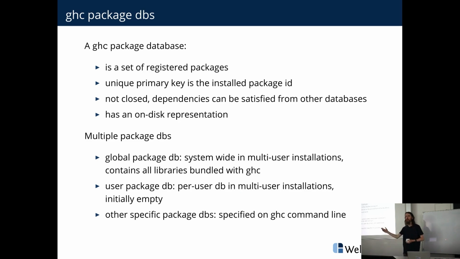On classic Unix university systems, the sysadmin would install GHC, and that gets you your global package database, and then each student gets their own user package database. Obviously, less important on single-user systems. And you can have other specific package databases, which have to be specified on the command line, or in environment files, which we'll come to.